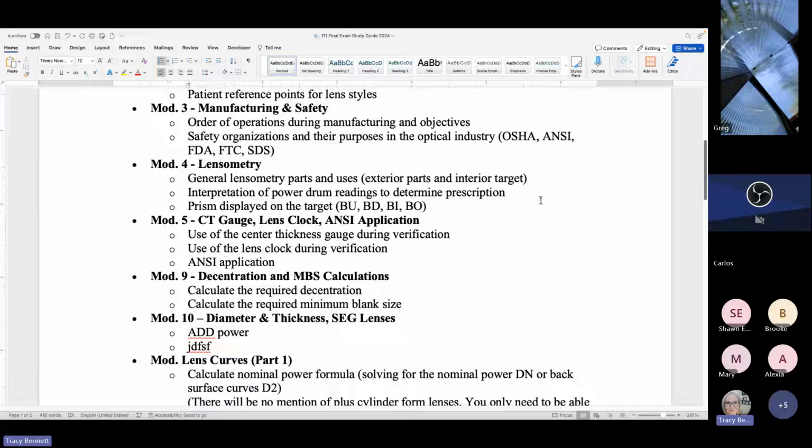Put the seg over top of the lens stop, and move the drum in a plus direction, because it's plus power, add power. Move it in a plus direction until the sphere focuses again, because when you move into the seg, it's going to get blurry. The distance from the sphere in the distance to the sphere in the near is your add power value.